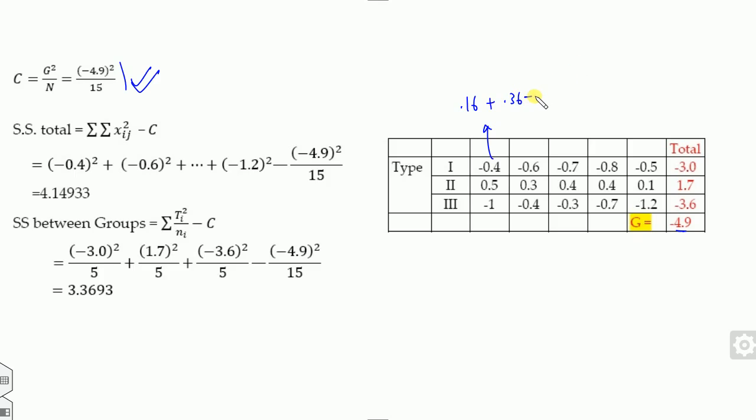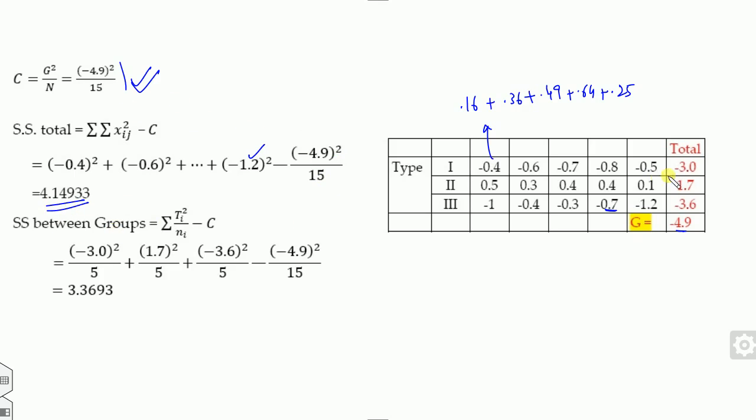If you don't have your calculator, you can also calculate this orally, unlike the previous example. So this is 0.4 square, 0.6 square, 0.7, and so on, up to 0.7 square plus minus 0.1 whole square, minus C. You will get this number.